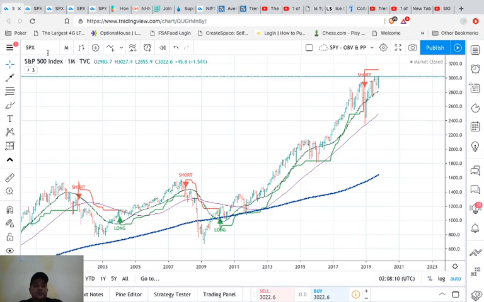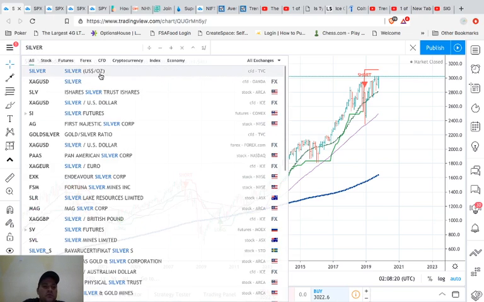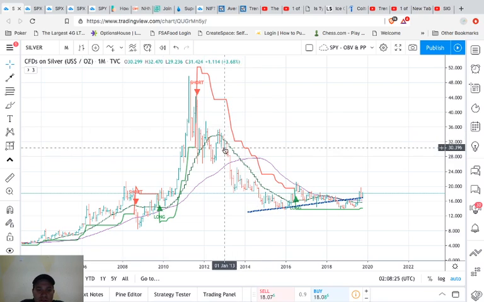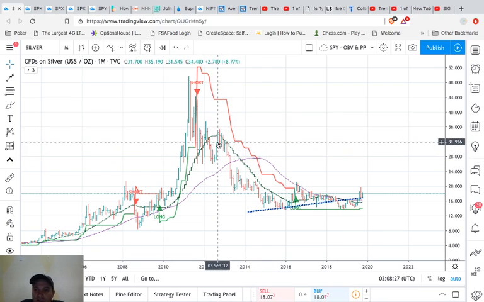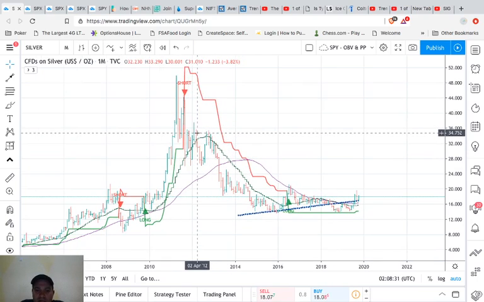I was just going to show you. I kind of like to go back to silver, just to see if it would have worked. And you can see whenever I was buying, and here it's at 30, 31, it was giving a massive short signal.